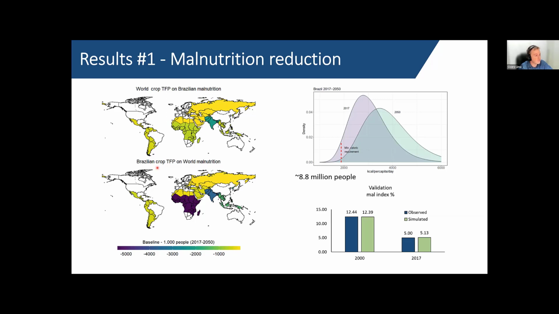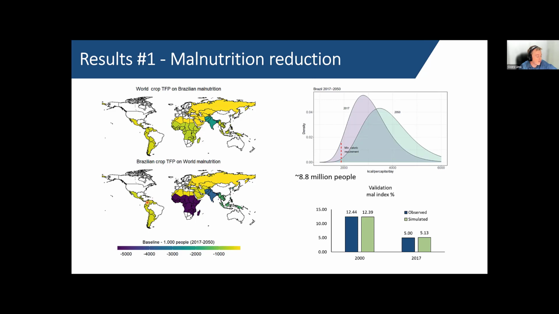In the bottom map, we have the Brazilian crop TFP effect on world malnutrition. The idea is to show the contribution of TFP growth in Brazil to the reduction in malnutrition in the rest of the world.